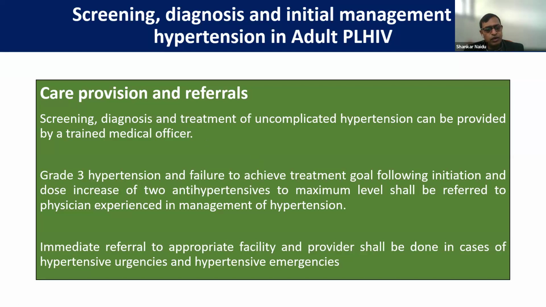However, if the patient is having grade 3 hypertension, or requiring multiple antihypertensives, or developing end organ damage because of hypertension, then it is always better to refer to a center where there are various specialists to manage various complications arising from hypertension.